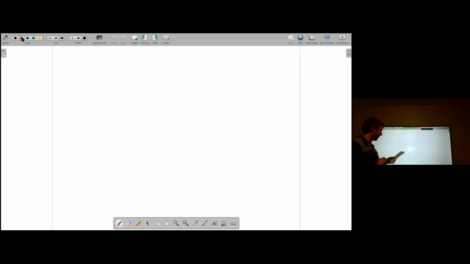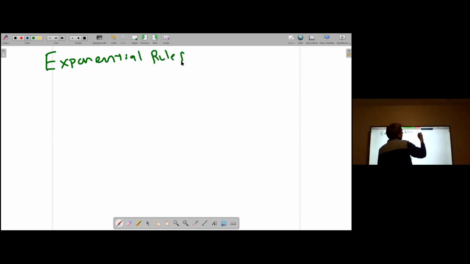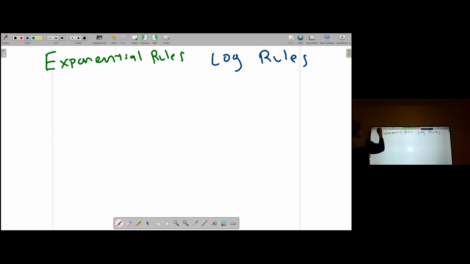What are the exponential and log rules? We'll start with the exponential rules. And then we're going to also, in the same slide, cover log rules. Okay. So what are the exponential rules?